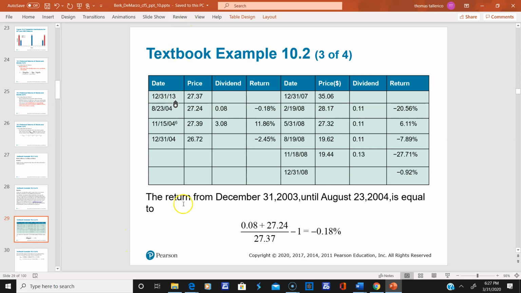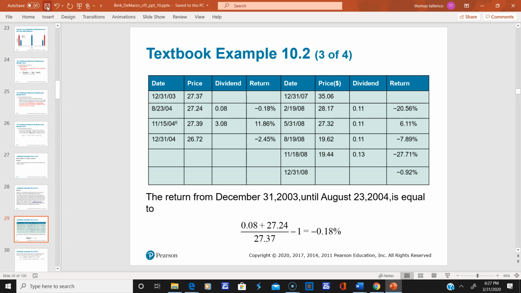There's a problem here. I'm going to pause this for a minute. Okay, so everyone should realize, I checked your book, this is 12/31/03. I don't know if it's going to let me change it, but let me try. There you go, I think I was successful there. 12/31/03.